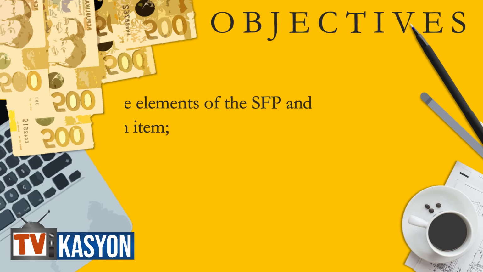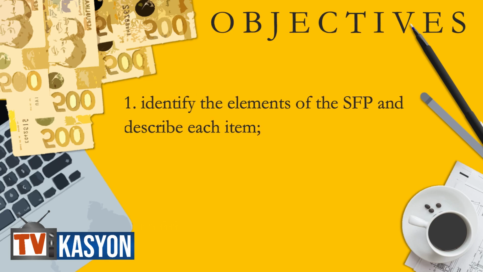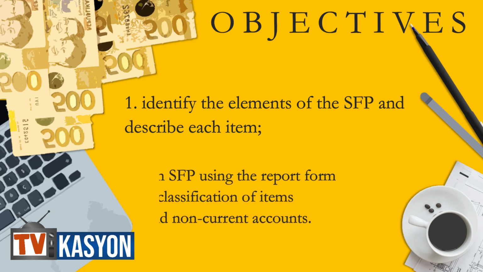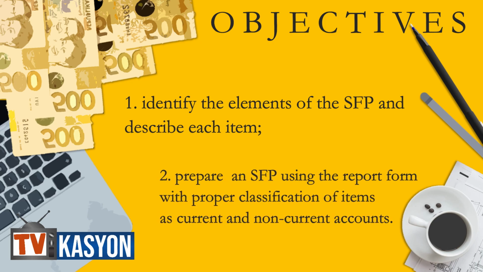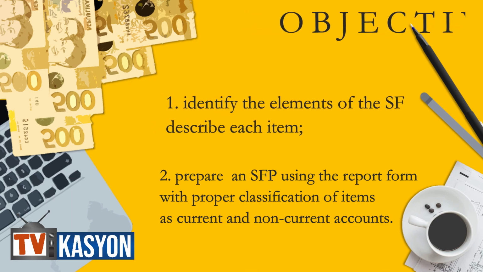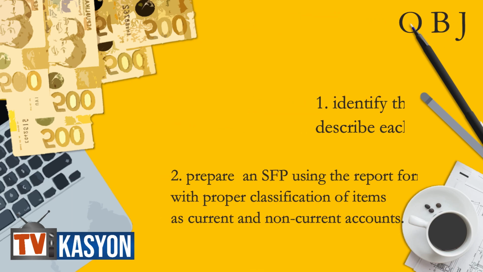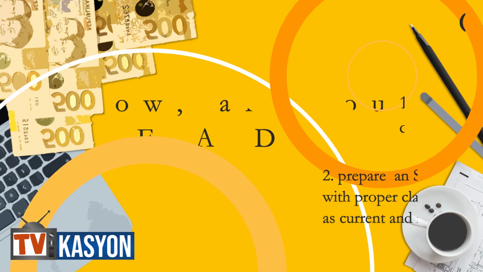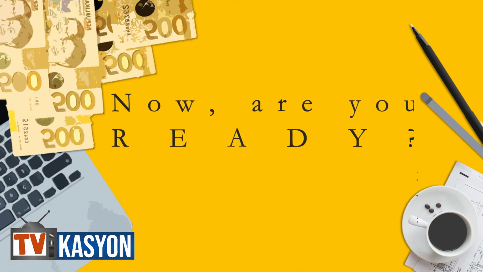Identify the elements of the statement of financial position and describe each item. Number 2. Prepare a statement of financial position using the report form with proper classification of items as current and non-current accounts. Now, are you ready?